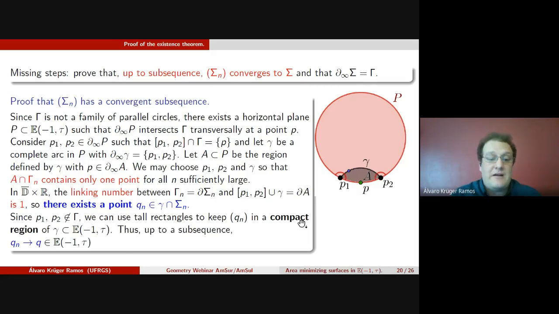So you have a convergent subsequence of points. So you have a sequence of points Qn, each Qn in sigma n, and these points Qn converge to some point Q. And then this is a standard argument. So sigma n has to converge to a complete area minimizing surface sigma, which passes through Q.